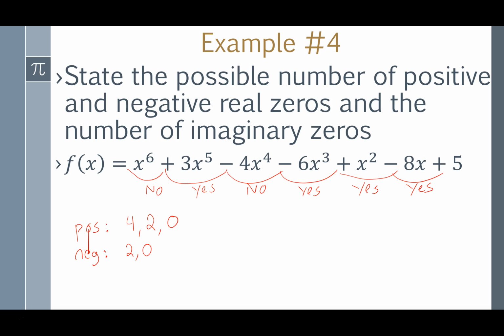Now for the imaginary ones, we simply start off with the maximum even exponent we have. Now we notice our highest exponent is a 6, and that's even, so that means we could have had 6 imaginaries, and we then decrease that by 2, so 4, 2, or 0.